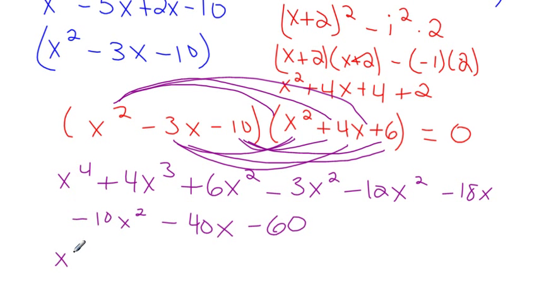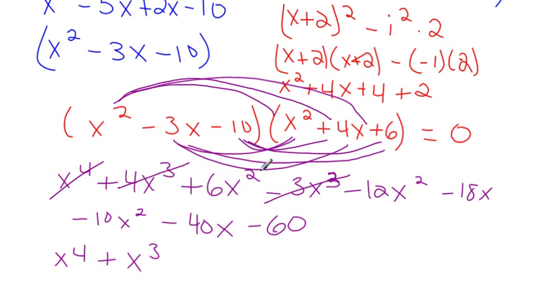So last step now, we just have to combine our like terms together. So we'll end up with x to the fourth. Then we have a 4x to the third, and we should have another one here. Did I do something? Negative 3x times x squared. That should have been negative 3x to the third here. Sorry about that. So 4x to the third minus 3x to the third is going to be 1x to the third, or just x to the third.